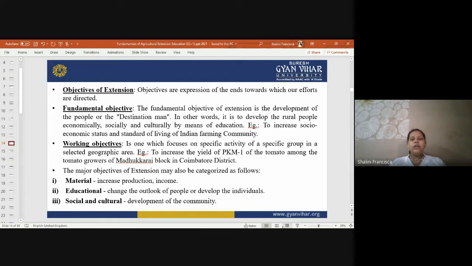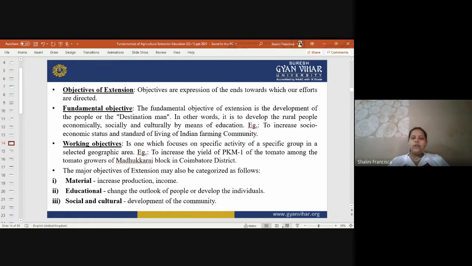Then educational, changing the outlook of the people or developing the individual. That means by demonstrating how to handle irrigation, drip irrigation and sprinkler irrigation, and how to use machinery for harvesting and threshing.